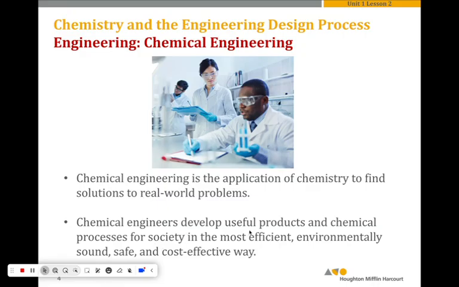Chemical engineers develop useful products and chemical processes for society in the most efficient, environmentally sound, safe, and cost-effective way. So these are some big words for developing our criteria and constraints: efficient, environmentally conscious, safe, cost-effective. Always want to think of those things.